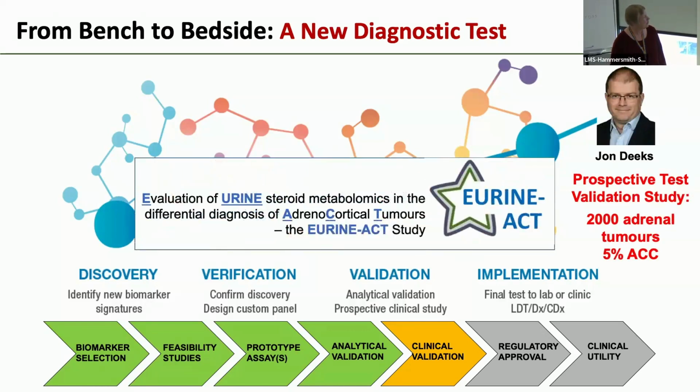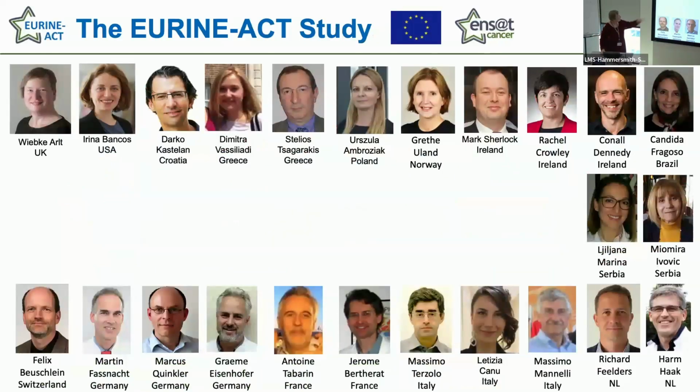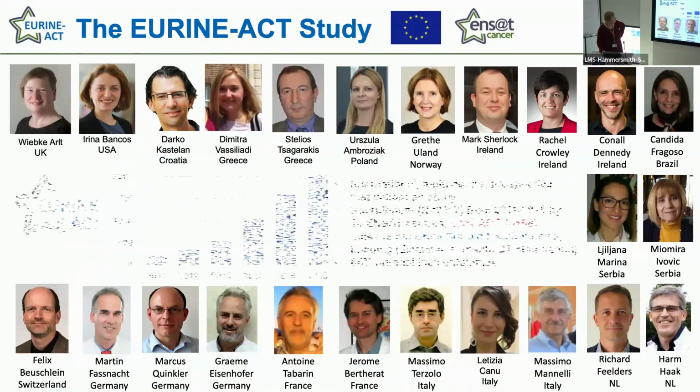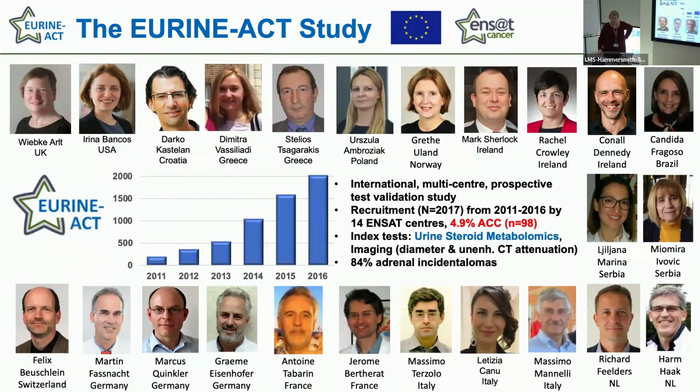So we did the Urine ACT study, the evaluation of urine steroid metabolomics in the differential diagnosis of adrenocortical tumors study. This was a fabulous study. And Irina Bancos was one of the lead fellows at the time. She was a postdoc with me in Birmingham for 3 years, and lots of previous fellows are actually on this slide who now lead their own centers across Europe and the world, and we were able to recruit the required number of patients in 5.5 years.